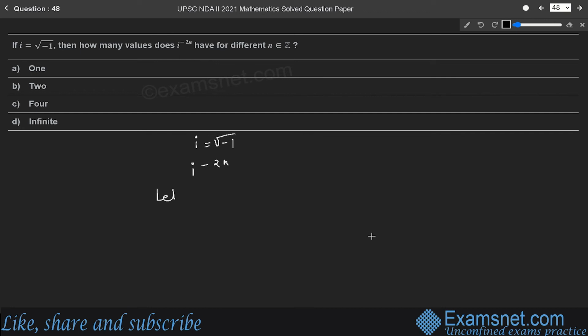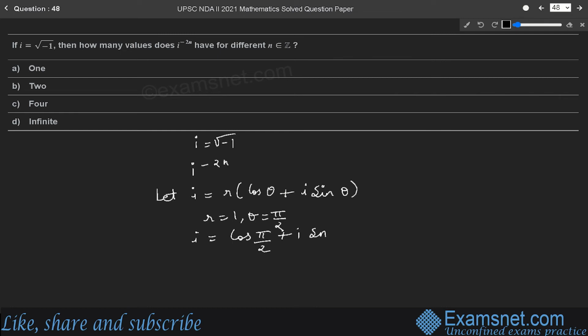So let i be equal to r into cos theta plus i sin theta. So here r will be equal to 1 and theta will be pi by 2. Therefore, i will be equal to cos pi by 2 plus i sin pi by 2.